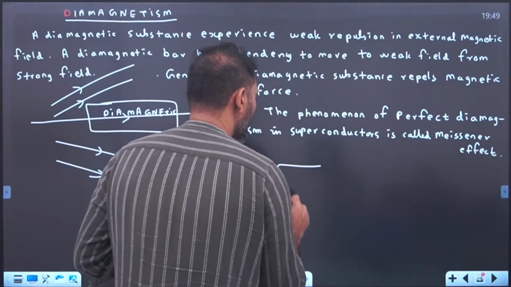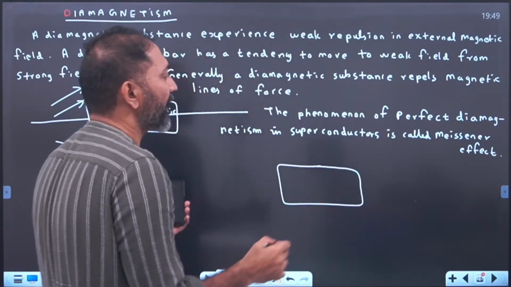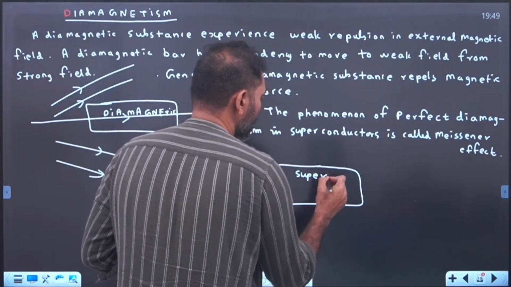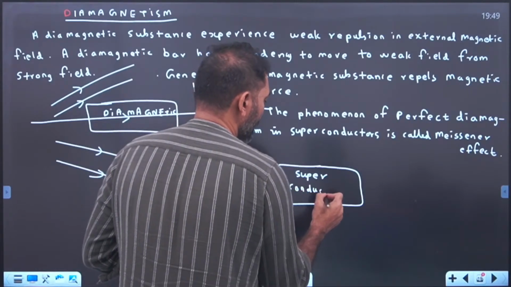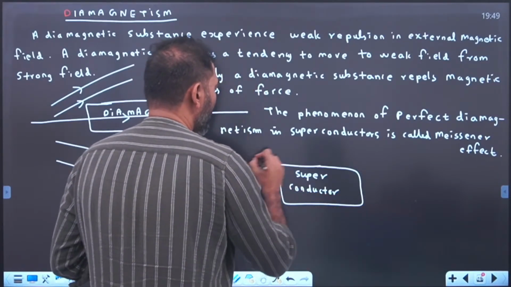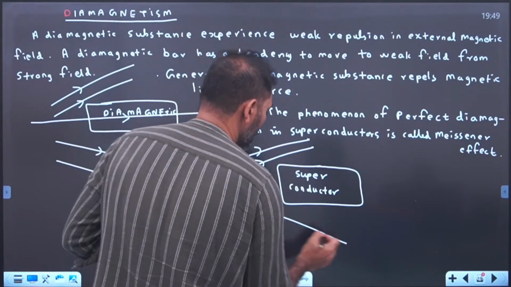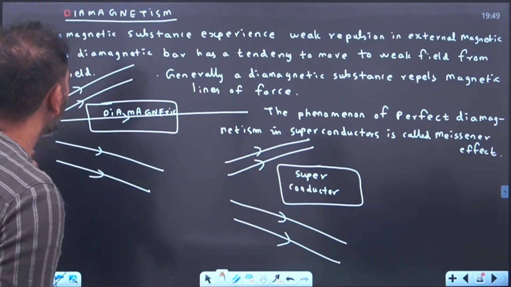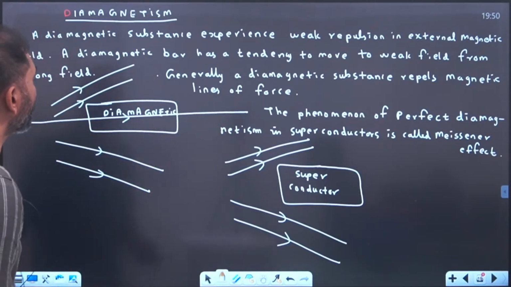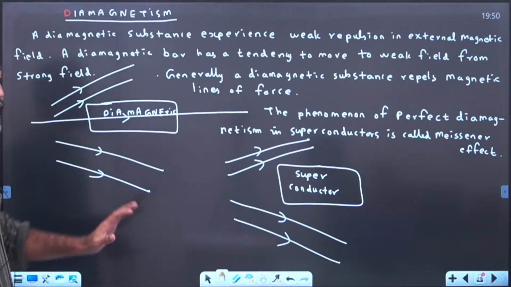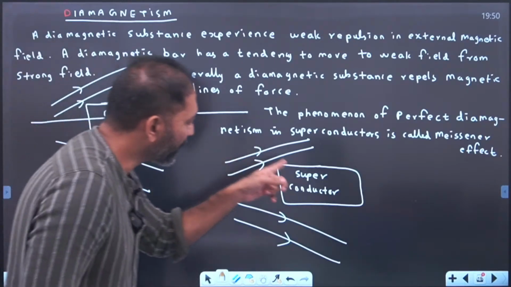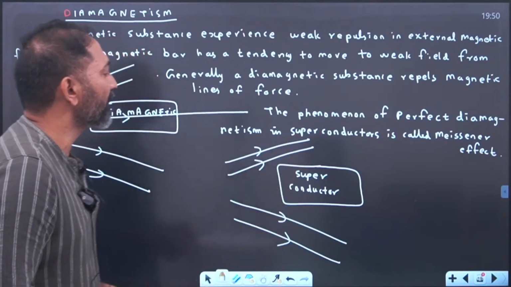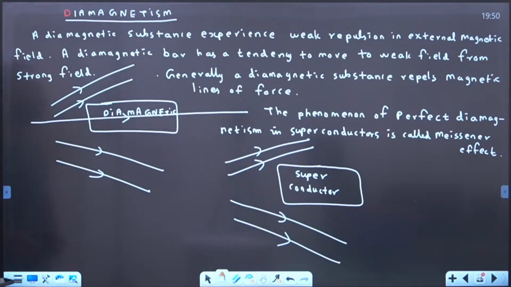See, a diamagnetic substance repels magnetic lines of force. A superconductor perfectly repels all the magnetic lines of force. In a normal diamagnetic substance, there is one magnetic line of force passing through it. There is no perfect repulsion. But in a superconductor, there is perfect repulsion. No magnetic line of force is allowed to pass through a superconductor.